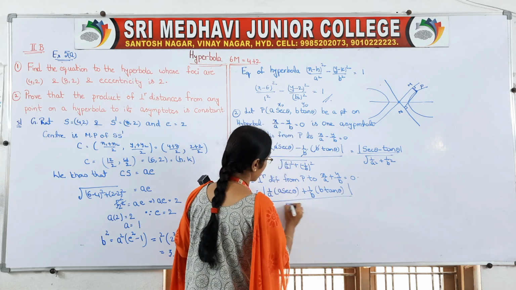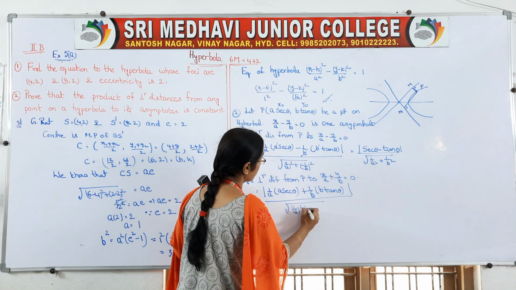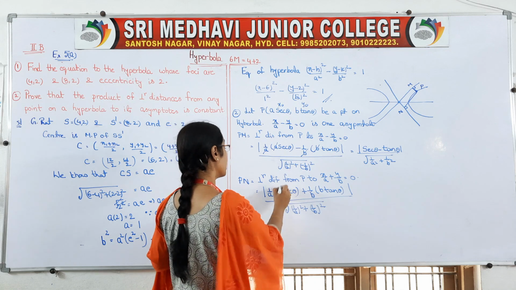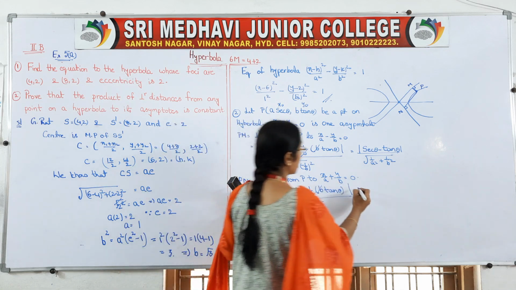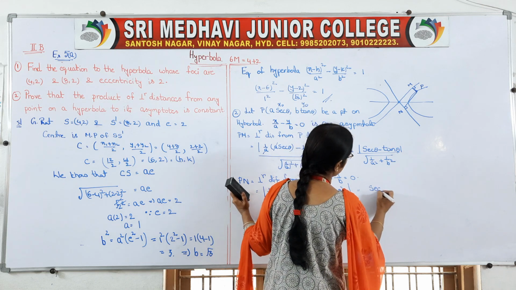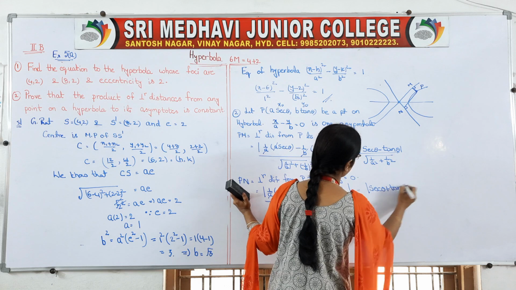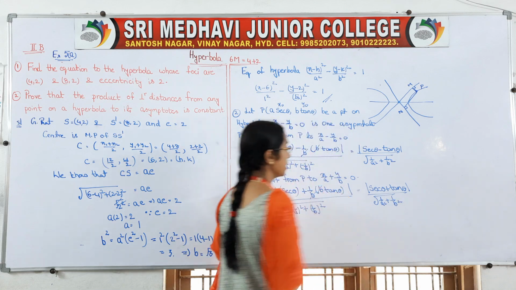By root of 1 by a whole square plus 1 by b whole square. So here a cancels, b cancels, so it is modulus of secant theta plus tan theta by root of 1 by a square plus 1 by b square.